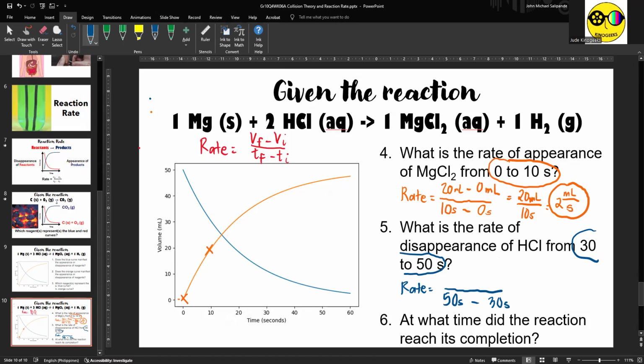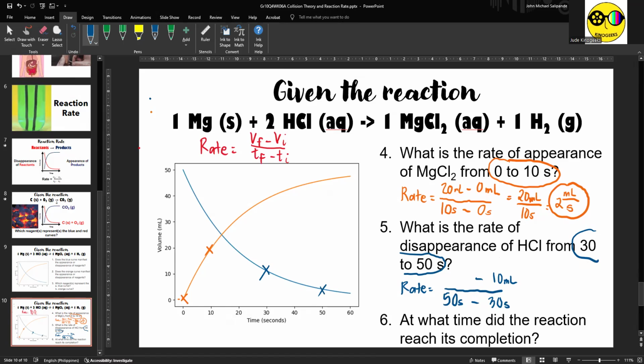Then, going back to the graph, no, at 30 seconds, the amount of HCl is around 10 milliliters. Okay. And at 50 seconds, the amount of HCl is between 0 to 10 ml.